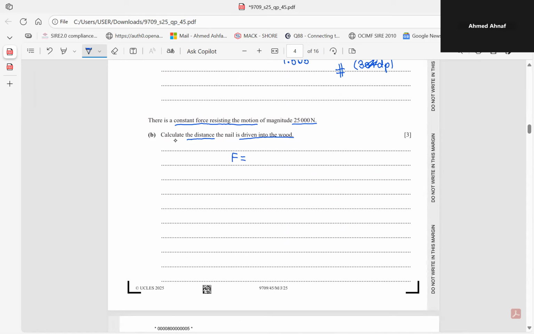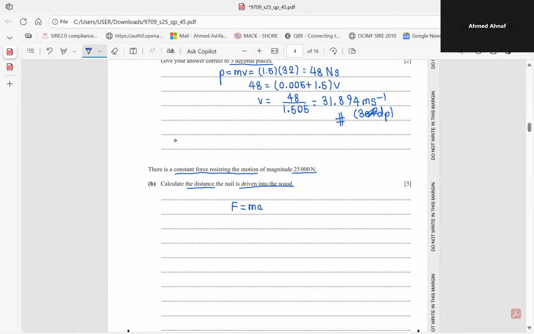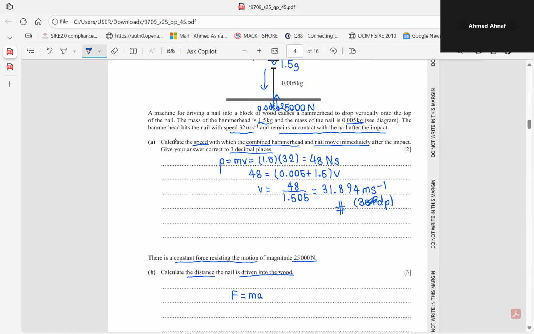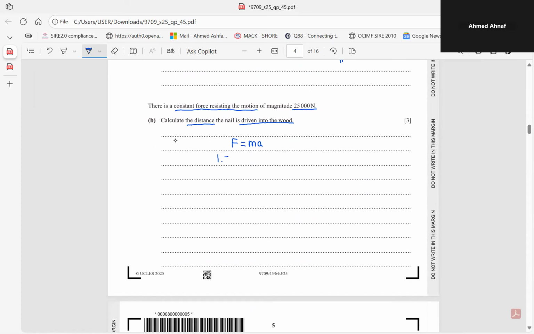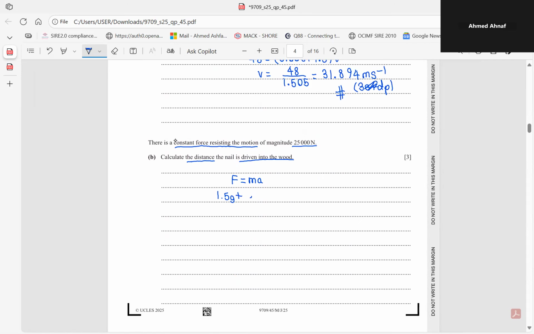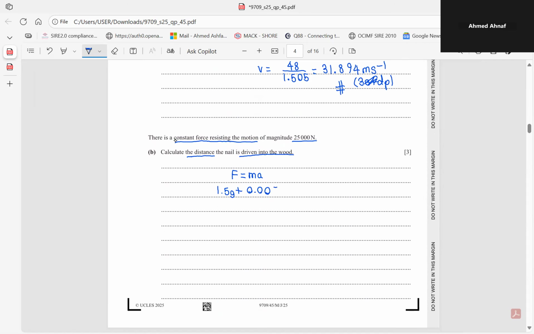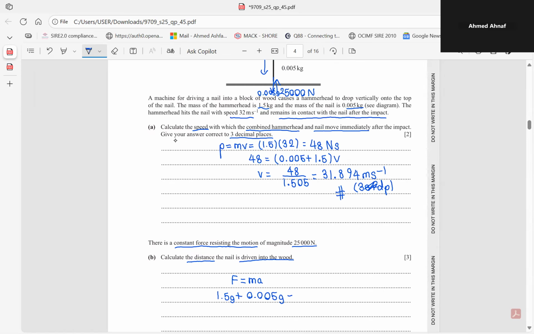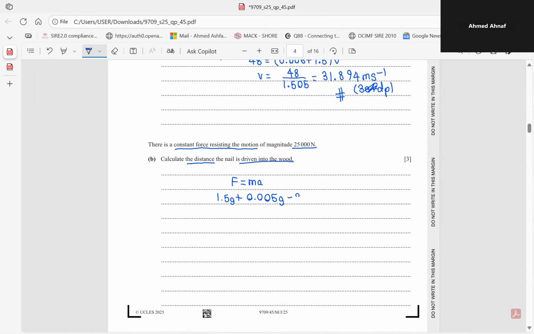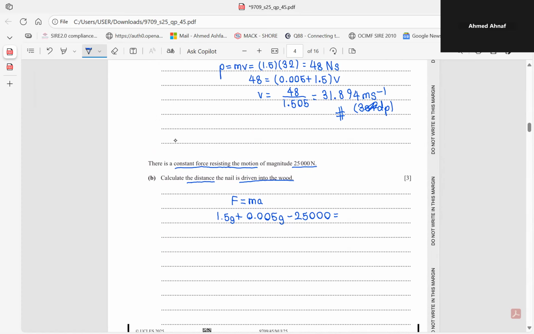We're going to use F equals ma. Taking 1.5 g plus 0.005 g minus 25,000 newtons equals ma.